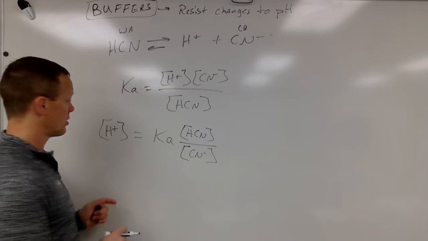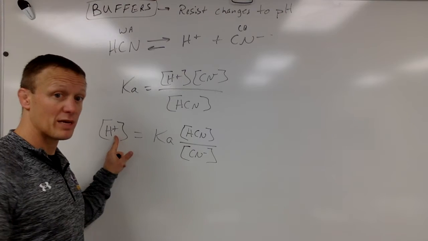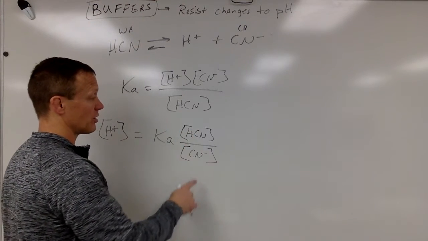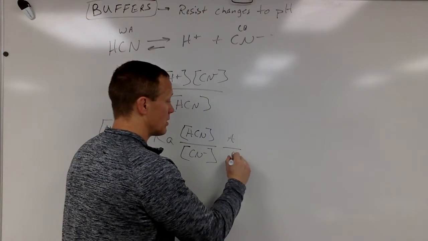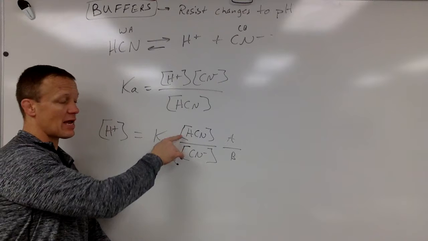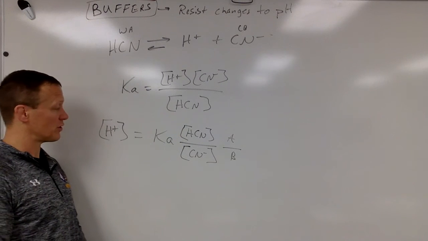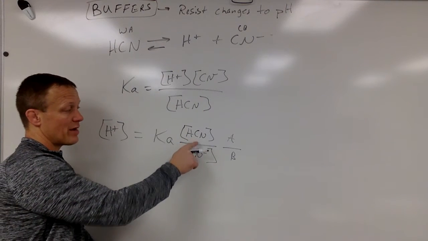Anytime I want to know the concentration of H plus ions, which we can get pH from very easily, if I have a weak acid-base solution, I take the concentration of the acid divided by the base times the Ka of that acid, and then I can get H plus ions. I could also do this with OH negative: OH negative equals Kb times base over acid.